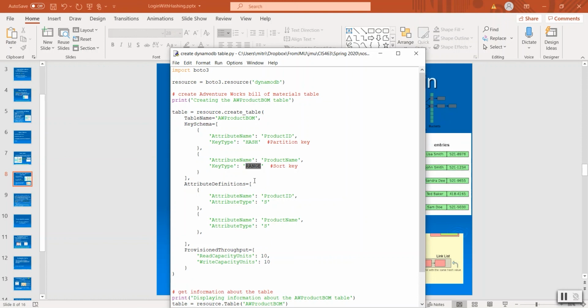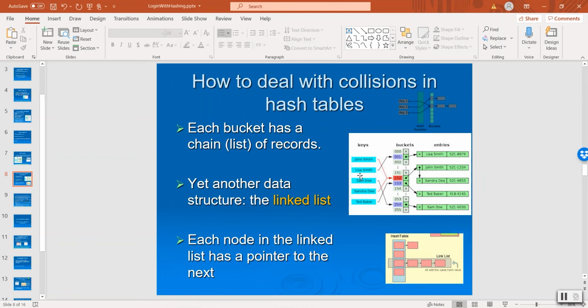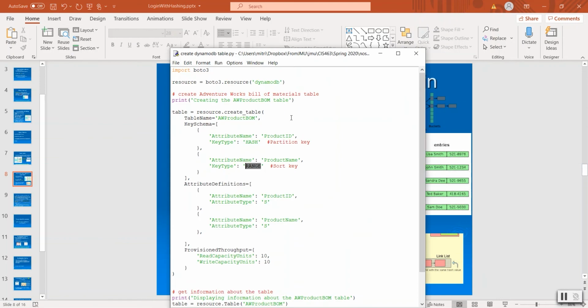If you could have the same product ID with many different product names, that would be allowable in the structure that we created. So again, look at it this way and tie it with this. We have two different people hashed to the same place, and so therefore we have kind of a list of possibilities. So the range would essentially be that list of possibilities.